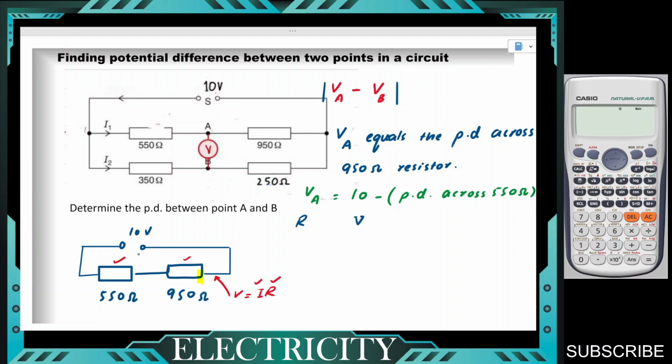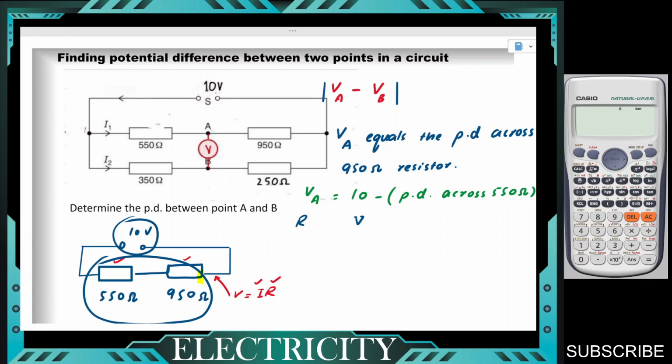Now the question is, this 10 volts is being supplied to what resistor? This 10 volts is being supplied to the total resistance, because the total voltage, the EMF of the battery, has to feed all the resistors.